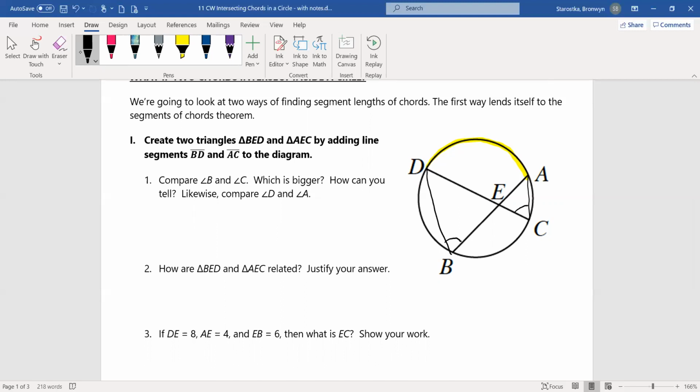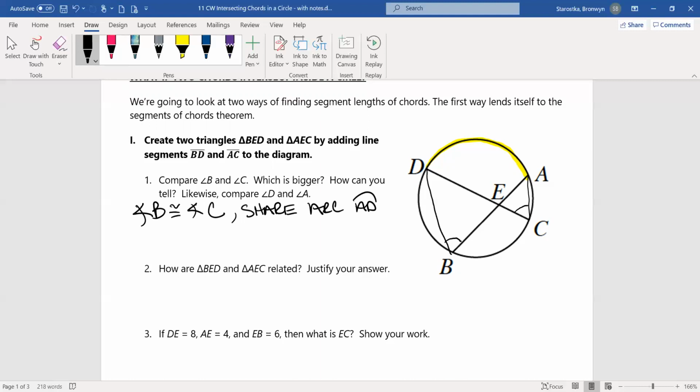So the triangle that contains angle B looks bigger, but the angles themselves are the same. So angle B is congruent to angle C because they share arc AD.